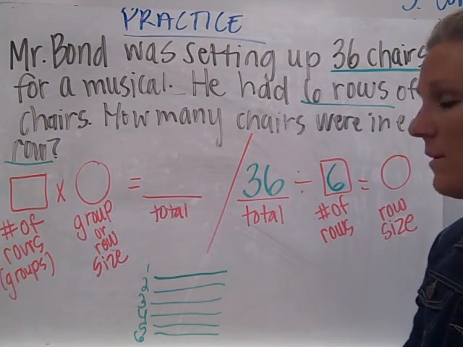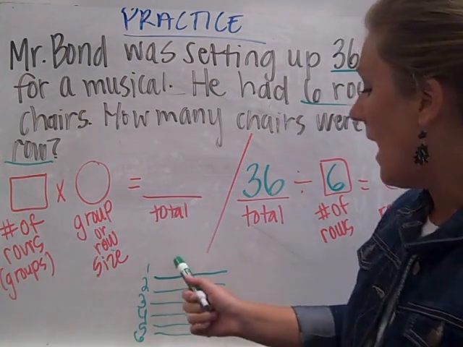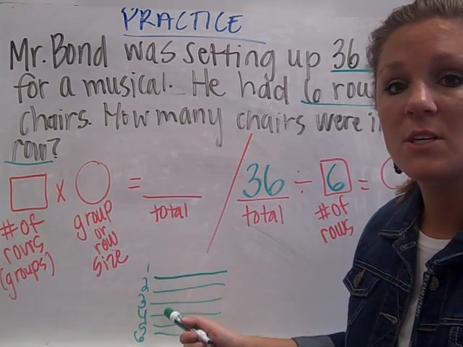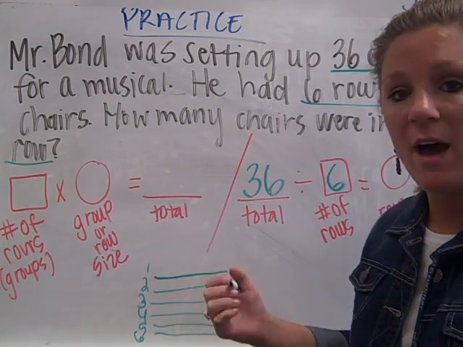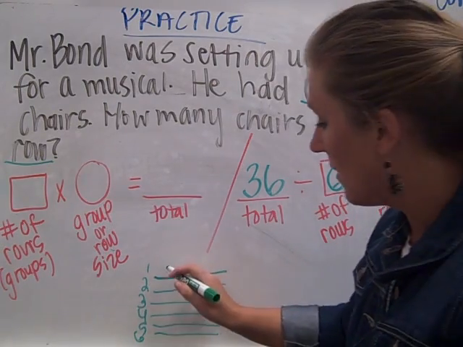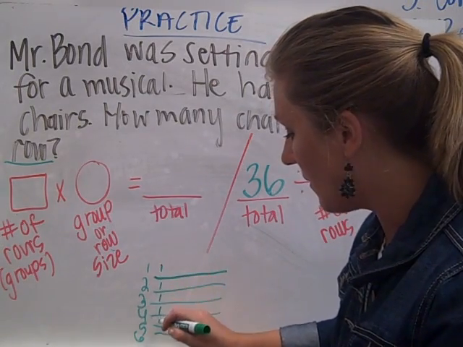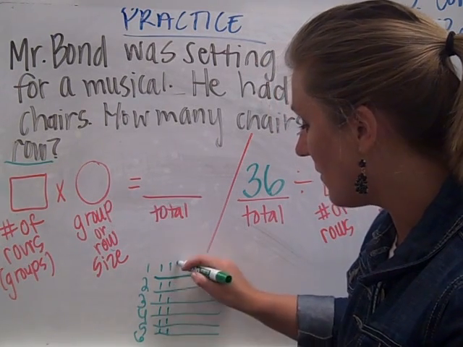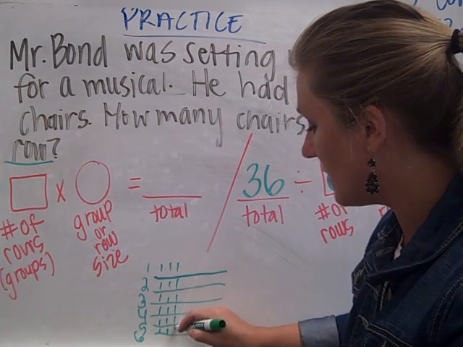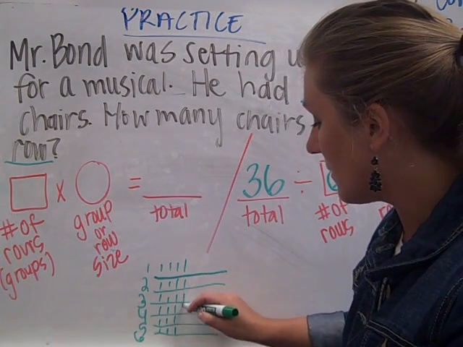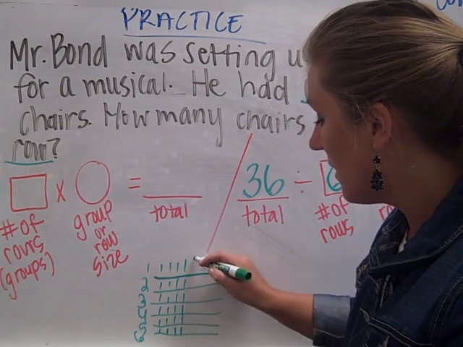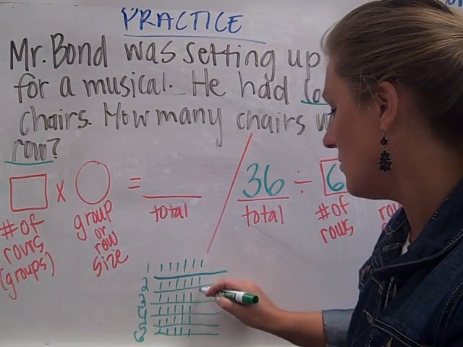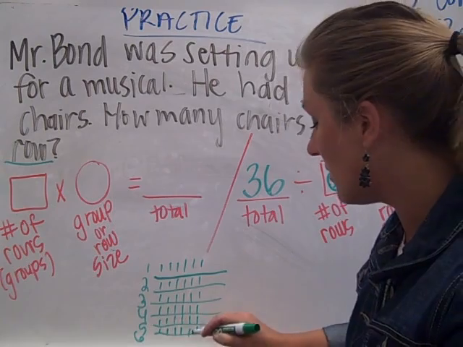So I can do exactly what I did last time. I'm going to start putting little dots in each of these rows until I come to 36. Then I'll count how many I have in each row. 1, 2, 3, 4, 5, 6, 7, 8, 9, 10, 11, 12, 13, 14, 15, 16, 17, 18, 19, 20, 21, 22, 23, 24, 25, 26, 27, 28, 29, 30, 31, 32, 33, 34, 35, 36.